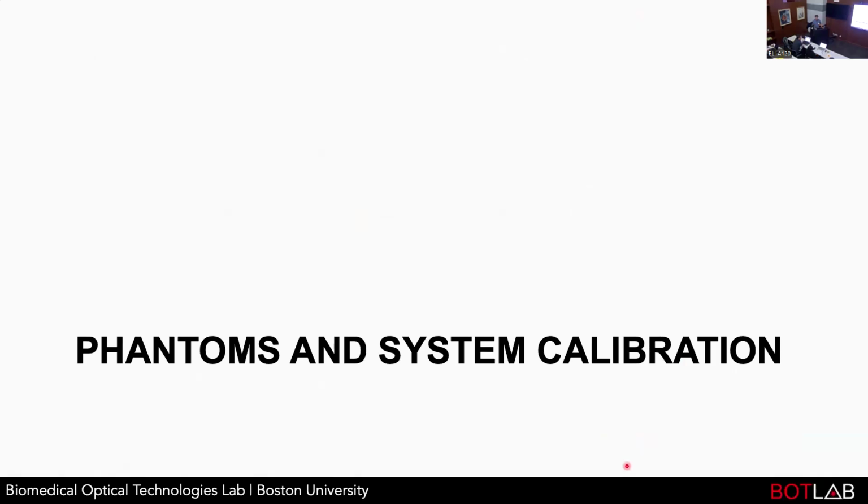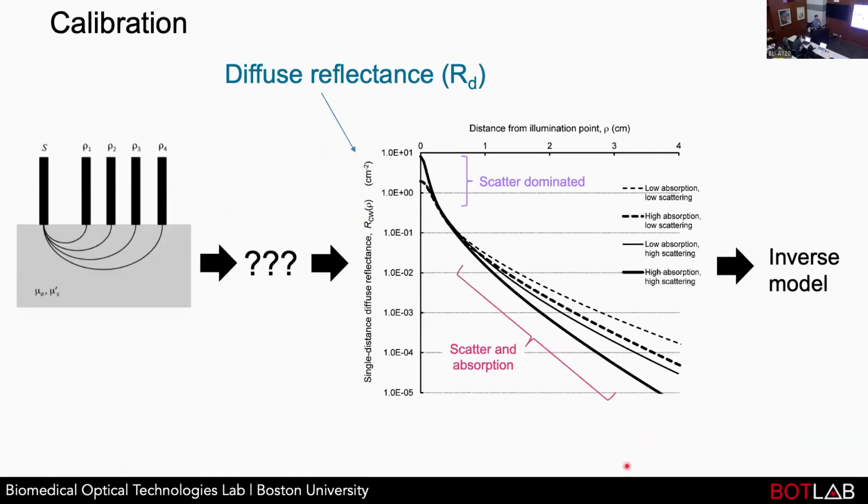Okay, phantoms and system calibration. Yesterday we were talking about how you take a measurement that looks like this, and then you get a result that looks like this with your instrument, where the y-axis was diffuse reflectance. But we didn't really talk about what's between these 2 steps, right? The data that comes out of your instrument is not going to look like this because it's convolved with your instrument response.